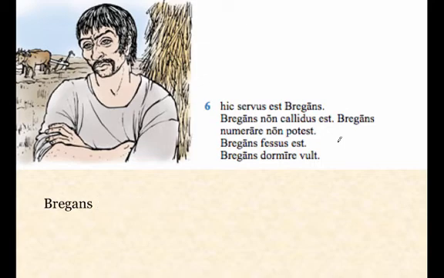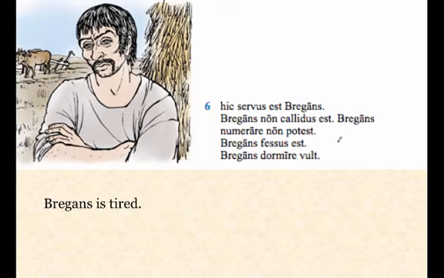Bregans cannot count, or is not able to count. Now there is a verb, nequire, which means to not be able, but it's pretty rare. The most common way to say not be able is just to add non to the verb possum. Bregans cannot count.